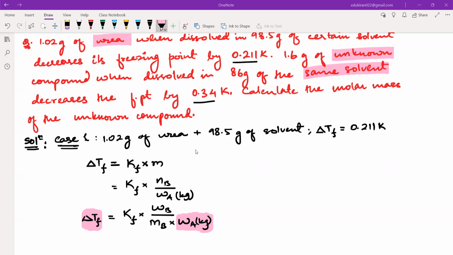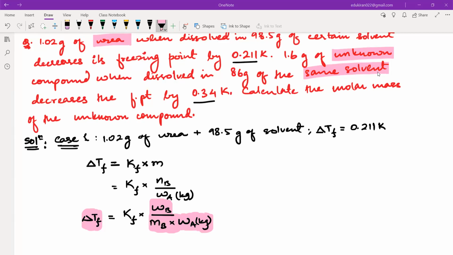Yes, Sara, Fatima, Huzaifa. Okay. What about the mass of solute? It is given, yes or no? Yes, sir. Okay. And the molar mass of solute urea, it is also given, right?